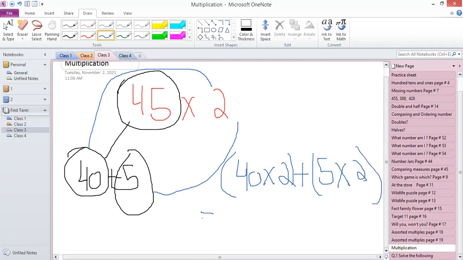For that, multiply the number only. 2 by 4 is 8 and the 0 will be the same. Plus 2 multiplied by 5, 10, and it is very easy to add 80 and 10, that will be 90.